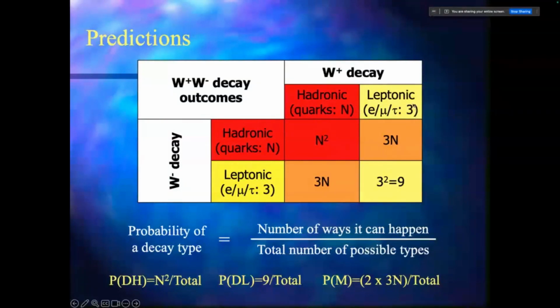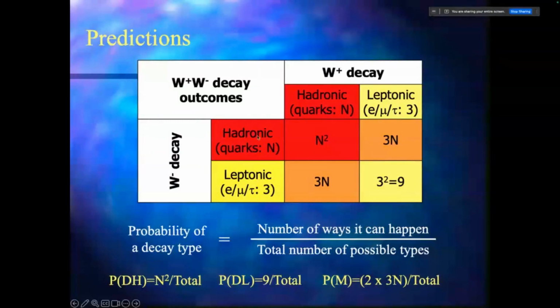Now we know that there are 3 types of leptons: electron, muon, and tau, and we're postulating that there are n types of quarks, and that's the quantity that we're trying to infer from the data. So that means that looking at the relative probability of all of them, we can see how many ways are there in which each type of decay can happen.